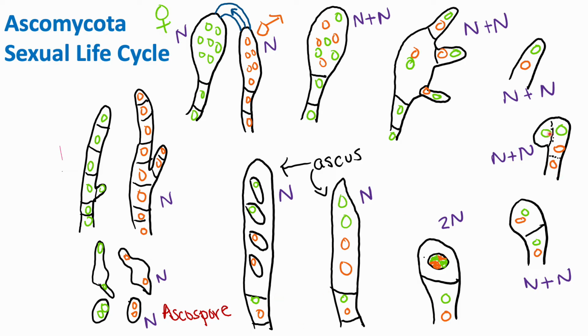Well, first of all, we have to name this structure that I forgot to mention earlier. When this mitosis occurs, so when we get the duplication of the nuclei, at the same time we get this curving of the hypha. This curved structure over here is referred to as the Crozier. I'll spell this out. So it's Crozier. And that's this bending structure over there.